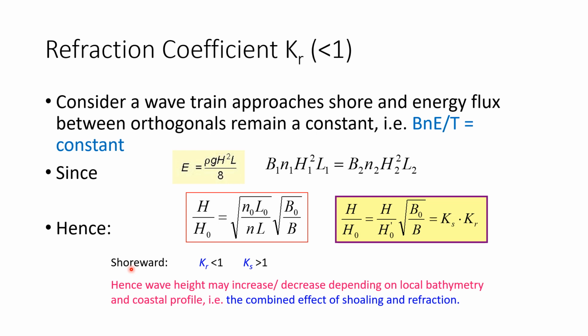Now, whether the wave height actually increases or decreases, that means how H compares to H naught, depends on the value of these two coefficients, which of course depends on the local bathymetry and the coastal profile. It is a combined effect of both shoaling and refraction.